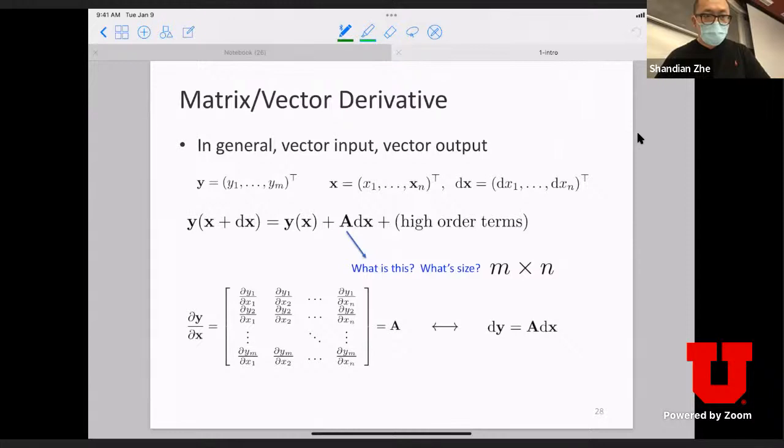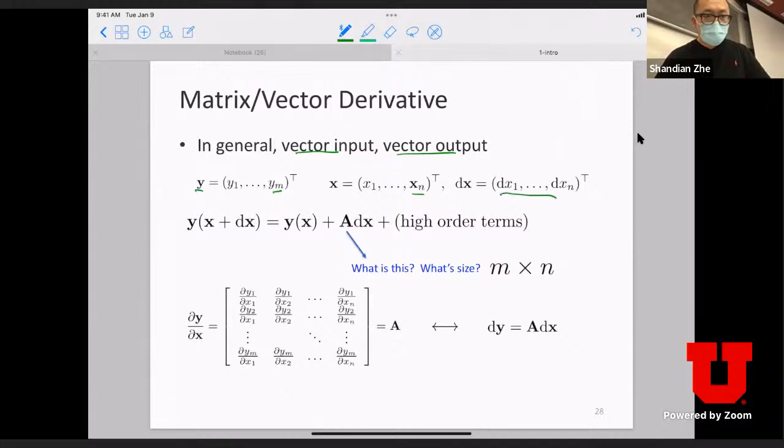Suppose you got a vector input and a vector output. Your vector output consists of m elements, that means your y is m-dimensional, and your vector input consists of n elements, so x is n-dimensional. Again, dx is still an n-dimensional vector.